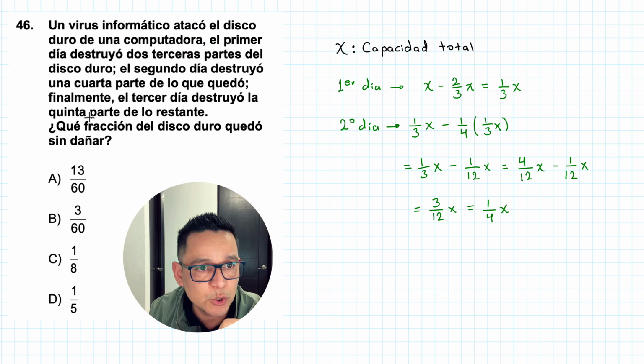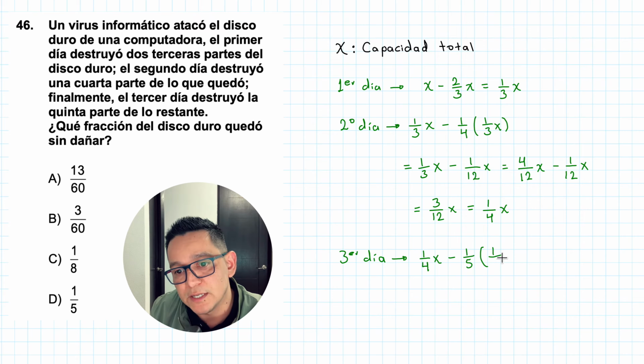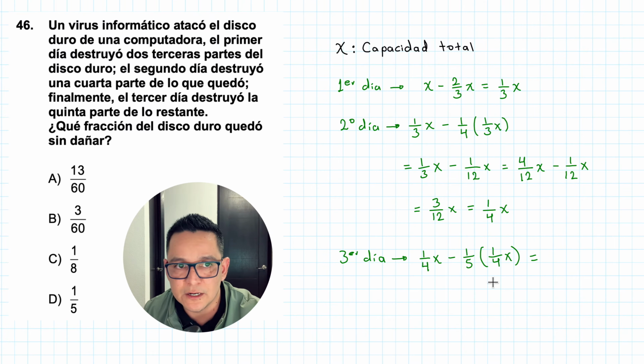Now, on the third day, it says 1/5 of what was left was destroyed. So I'll note that here. Third day, well, on that third day, it destroyed 1/5 of what was left. So, from the remainder, which was 1/4 of X, we are going to subtract 1/5 of it. Of what? Of what's left, meaning 1/4 of X. We do something similar to what I did earlier.